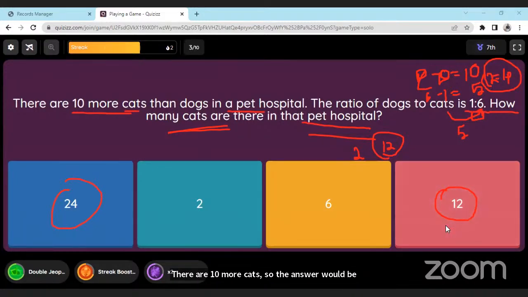Then Shreya, would you like to check it again? Francis, Lewis, want to check it again? Is it 24 or 12? Make it quick. 24.